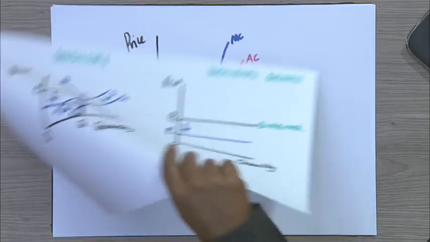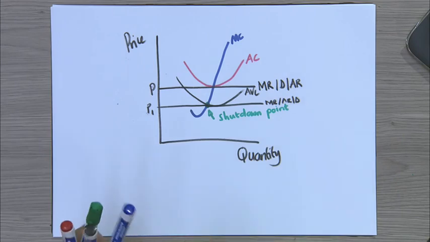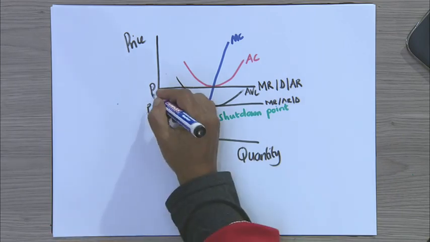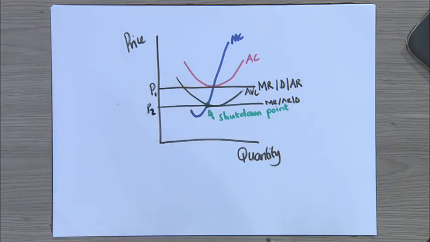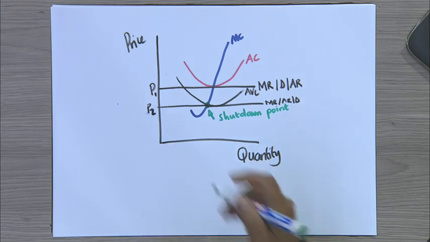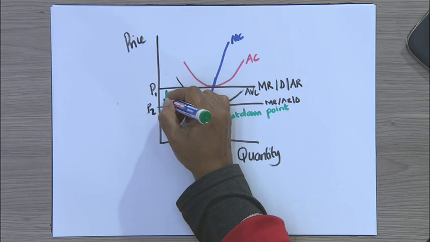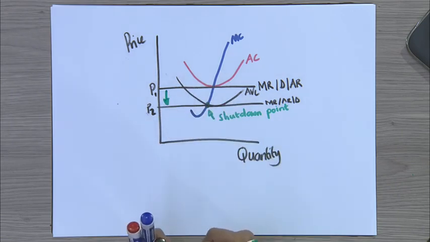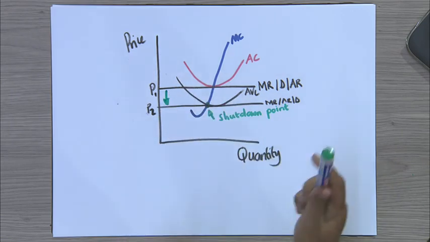So just to get that understanding, let's name this also P1 and P2, the same as that side. So do you understand now? The reason we've got this lowered price level is as a result of the extra suppliers entering the market.